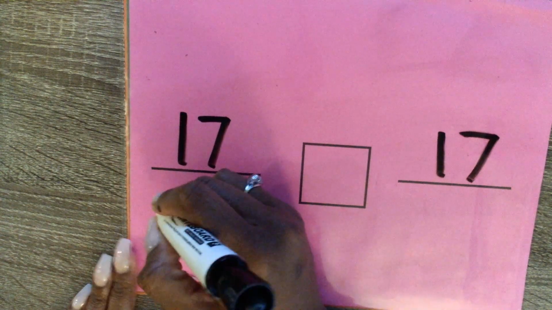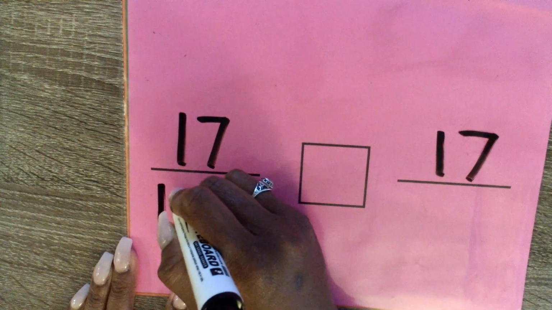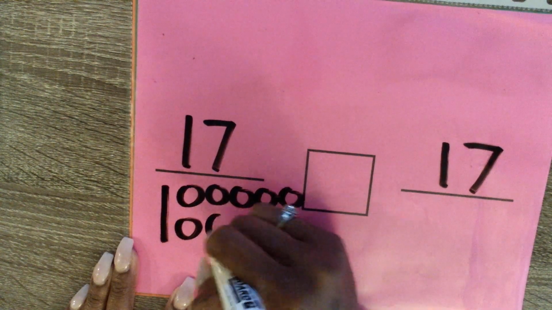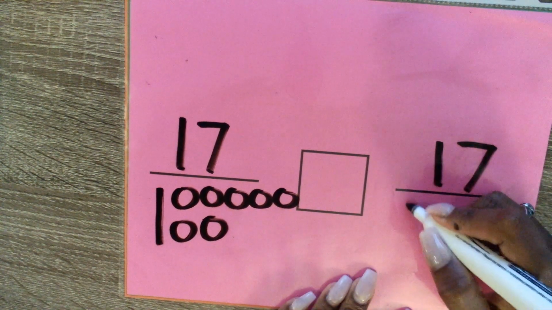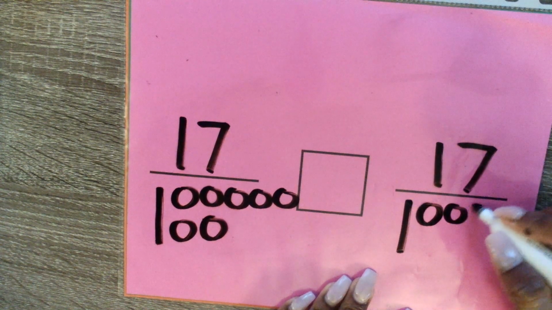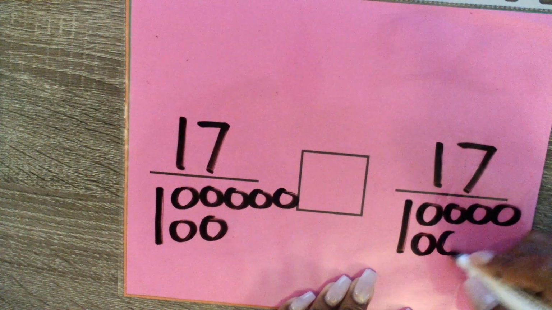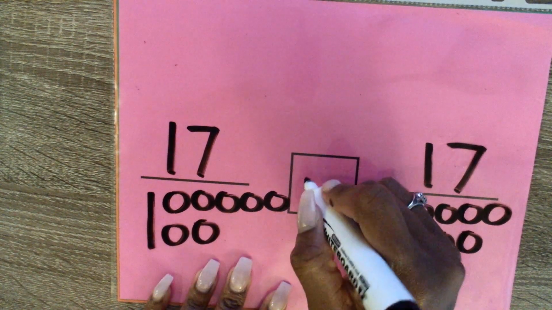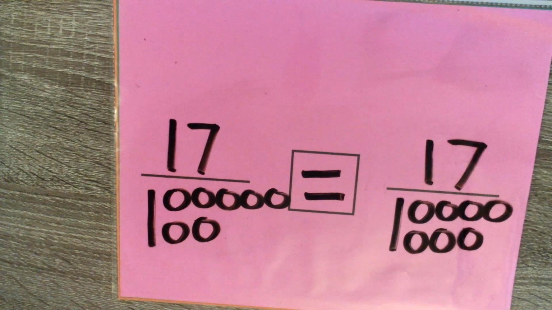Let's just build it for good practice. 10, 11, 12, 13, 14, 15, 16, 17. One more time. 10, 11, 12, 13, 14, 15, 16, 17. So I know that 17 is equal to 17.